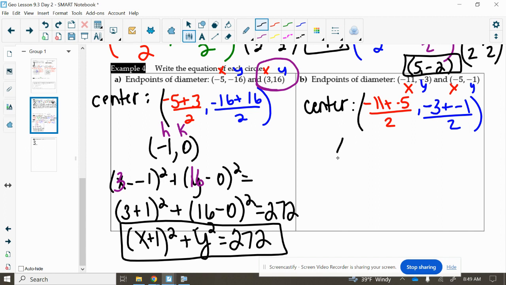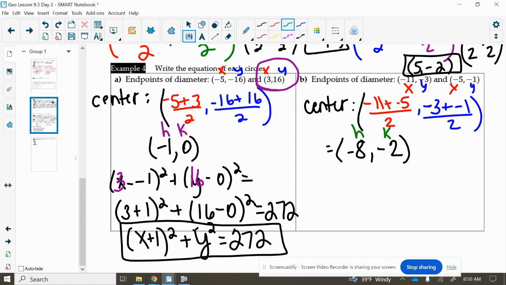So -11 minus 5 is -16, divided by 2 is -8. And then -3 minus 1 more is -4, divided by 2 is -2. So this is our center point, h comma k.